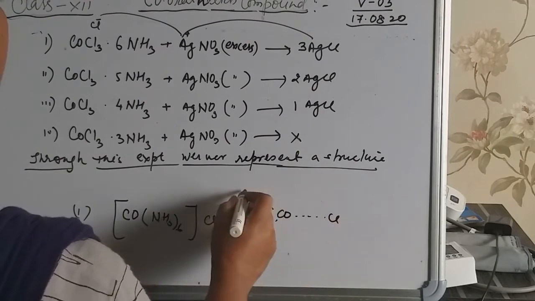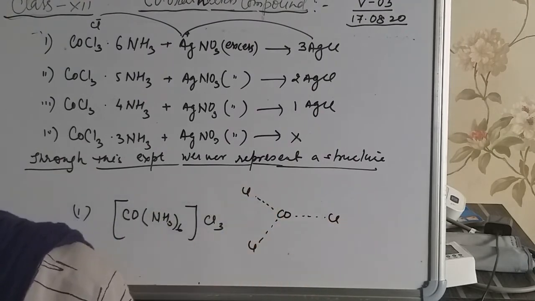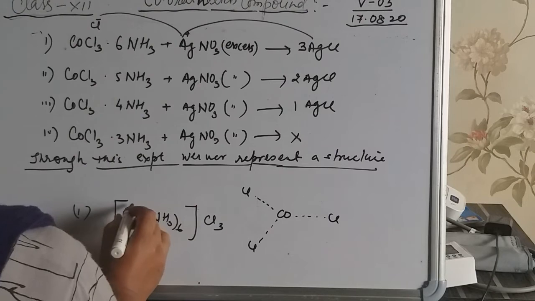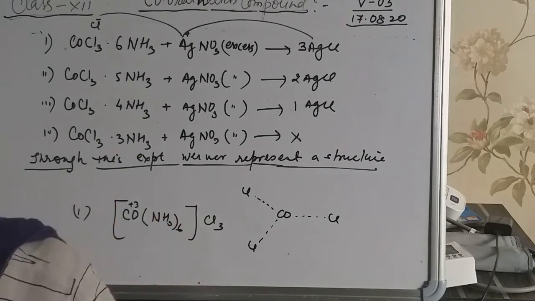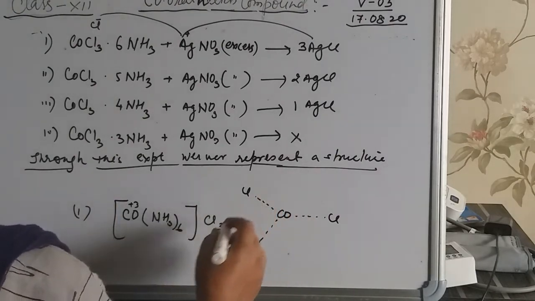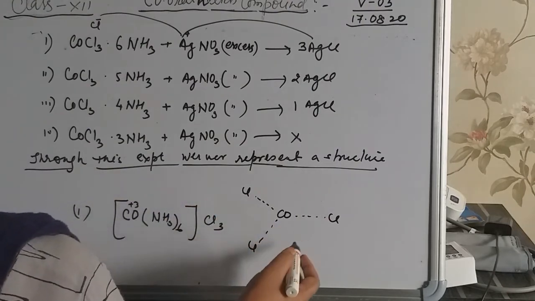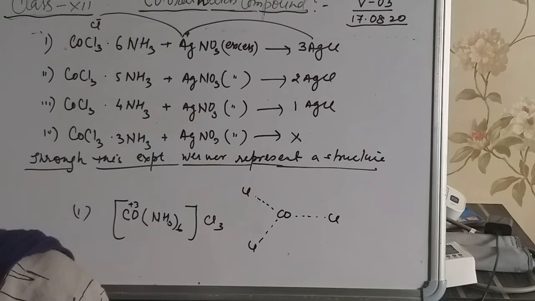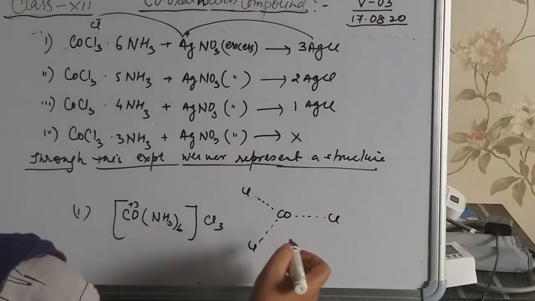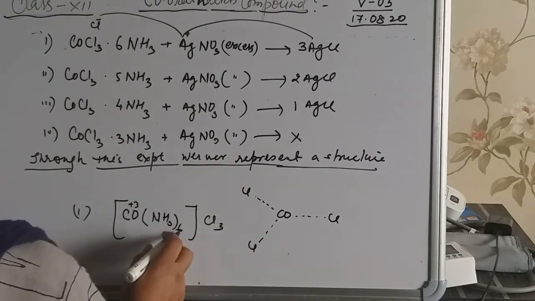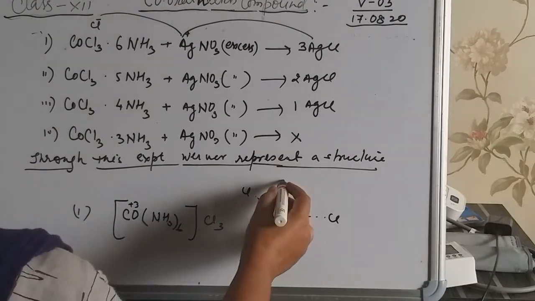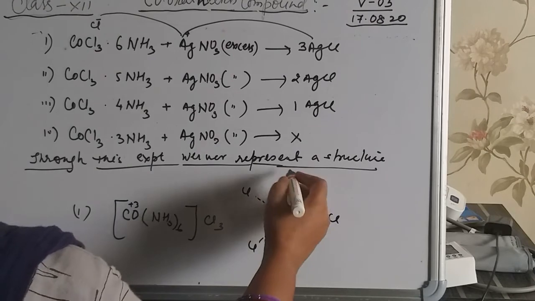So the 3 chlorines are satisfied by primary valency, because the oxidation number of cobalt is +3. As we discussed earlier, primary valency satisfies the oxidation state of the central metal atom, and the 6 ammonia molecules represent the coordination number, which is called the secondary valency.